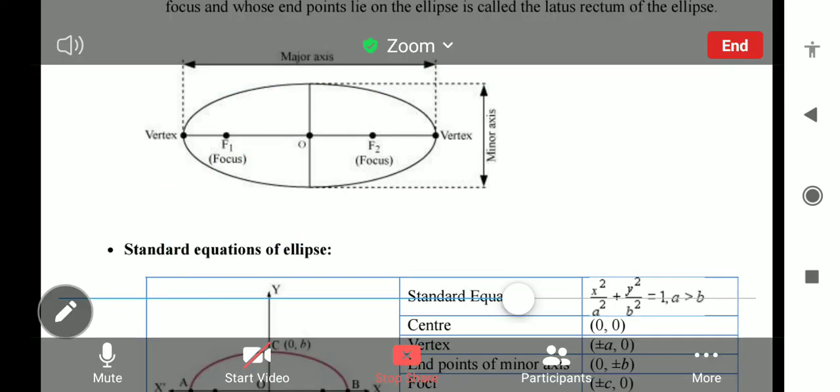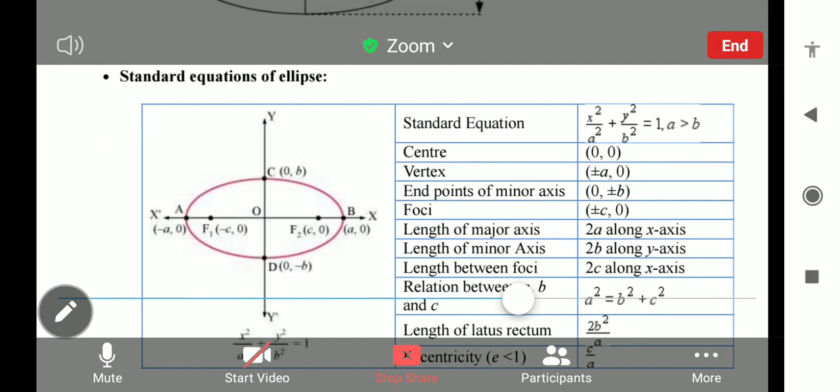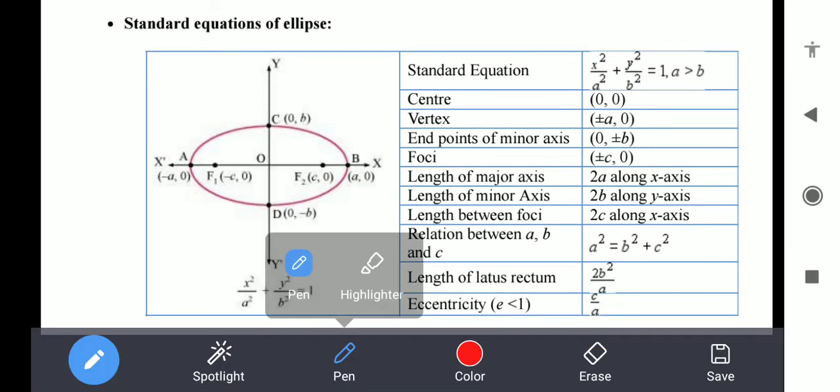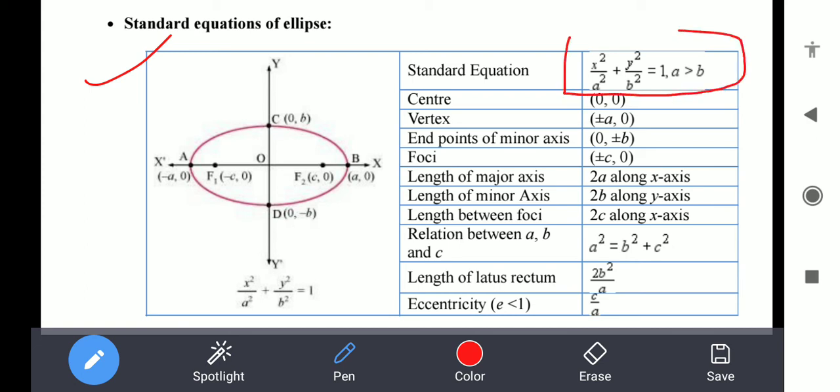Now there are two cases. First case, the standard equation of the ellipse is x square upon a square plus y square upon b square is equal to 1, where a is greater than b. Center is 0 comma 0, vertex is a comma 0, and second vertex is minus a comma 0, so you can say plus minus a comma 0.